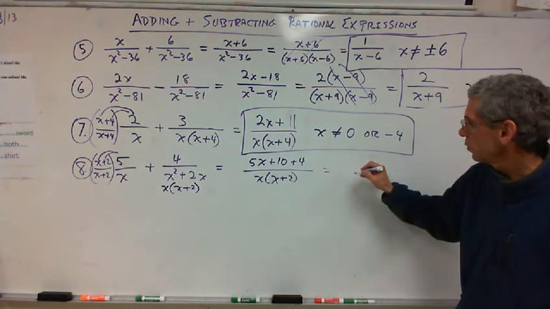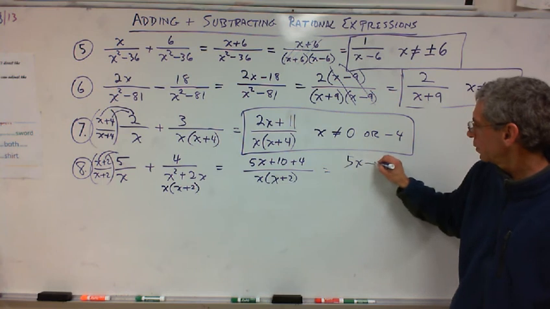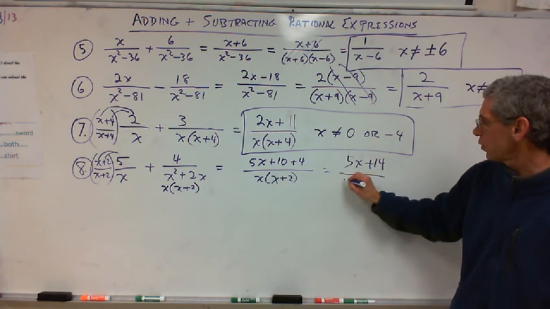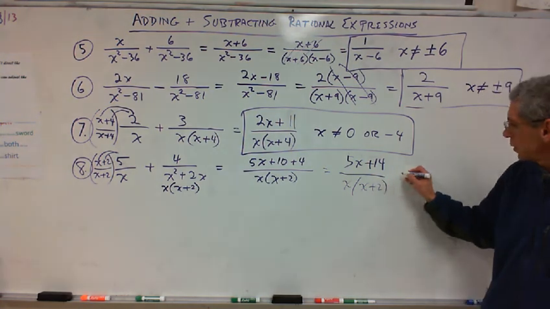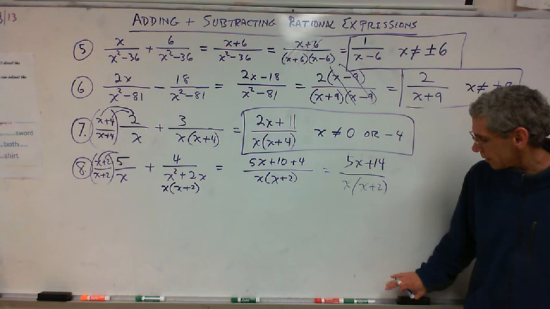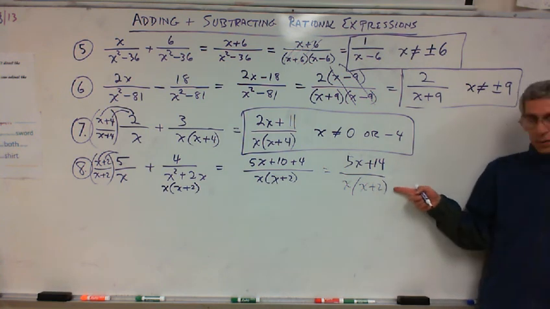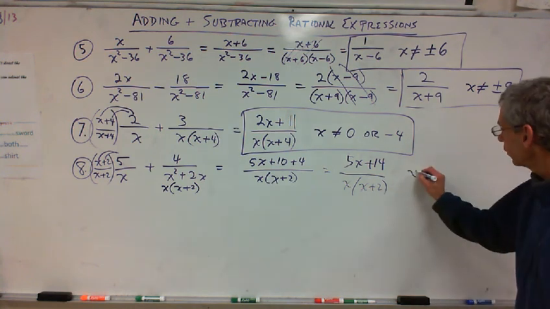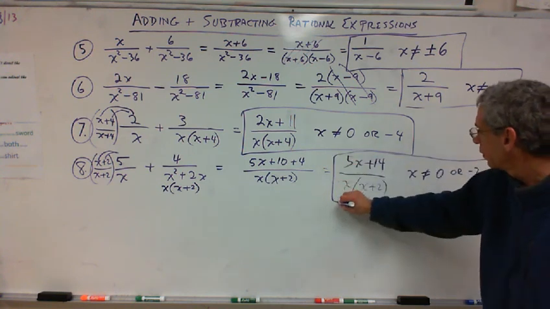So, we'll simplify the numerator first. 5x plus 14 all over x times x plus 2, which is equal to, oh, well, that's what it's equal to. There's nothing else I can do. I can't factor the numerator, right? The denominator is already factored. What can x not equal? 0 or negative 2. X cannot equal 0 or negative 2. Great.